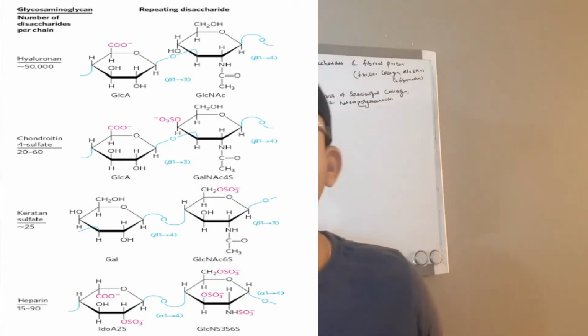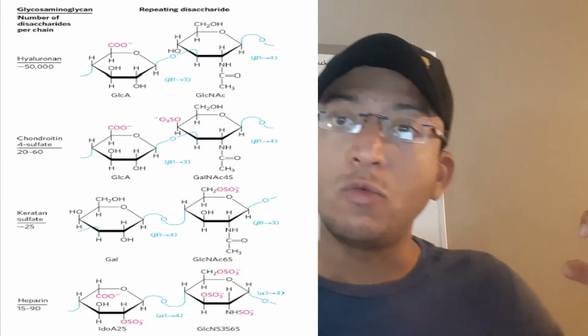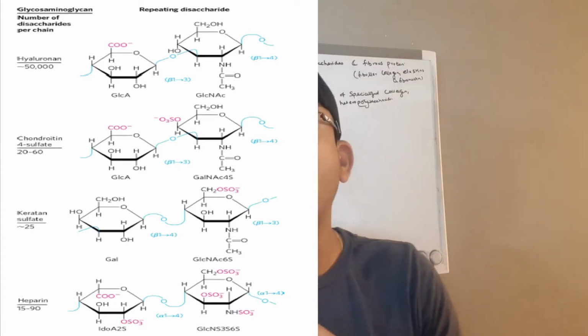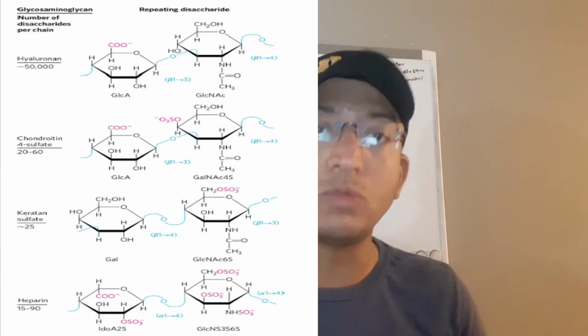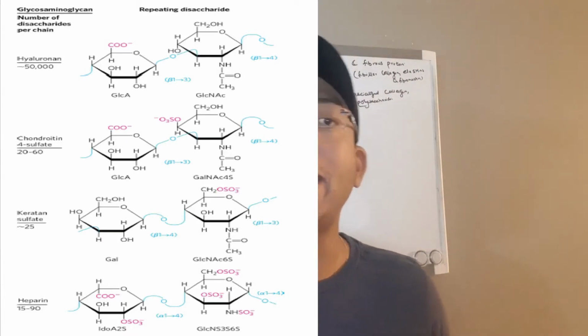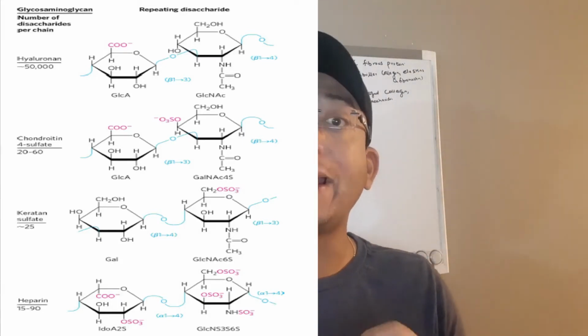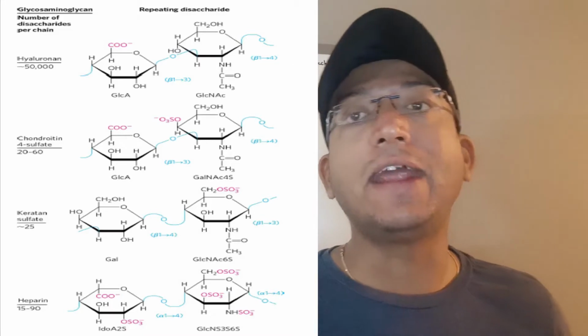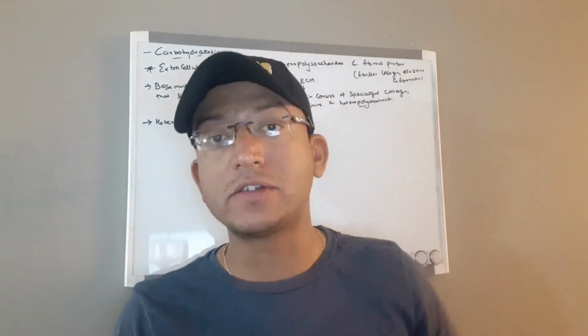To minimize the repulsive force among neighboring charged groups, these molecules assume an extended conformation in solution, forming a rod-like helix in which the negatively charged carboxylate groups occur on alternate sides of the helix, right?